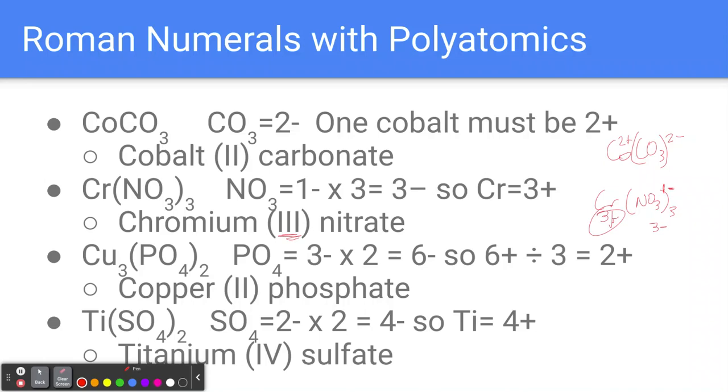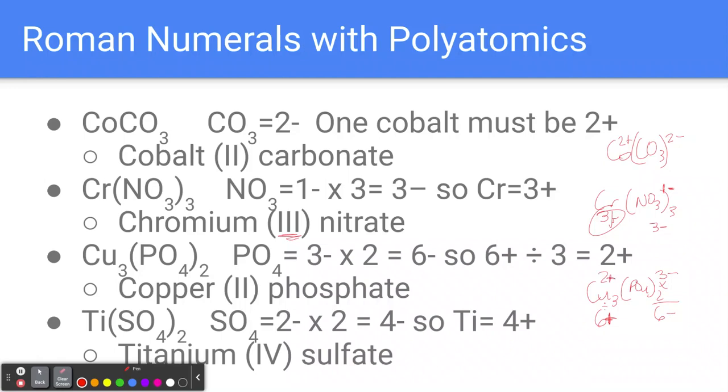This next one is a little complicated. So we've got copper and then phosphate, PO4, and we've got 2 of those. Each phosphate, PO4, is 3-. So 3- times 2 gives us 6-. We need a 6+. 6+ divided by 3 gives me a 2+.